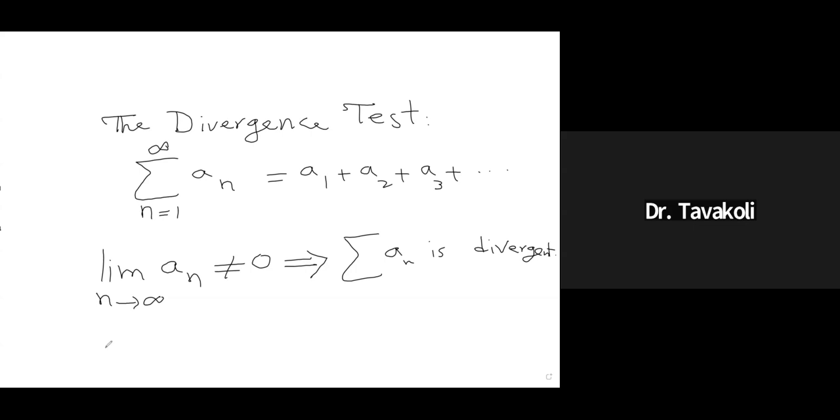So if the limit of the general term as n tends to infinity happens to be 0, then the divergence test is inconclusive, meaning that we cannot make any conclusion on the convergence or divergence of the series based on the divergence test.